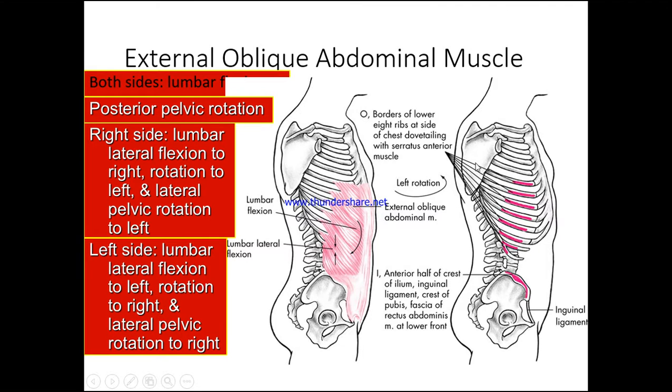And you can see again these origins and insertions: all the borders of the lower 8 ribs at the side of the chest, interdigitating with serratus anterior, and then the anterior half of the crest of the ilium, inguinal ligament, crest of the pubis, and fascia of the rectus. So you've got this good covering. You can see the origin and insertion points on this diagram on the left, and where the actual external muscle goes.